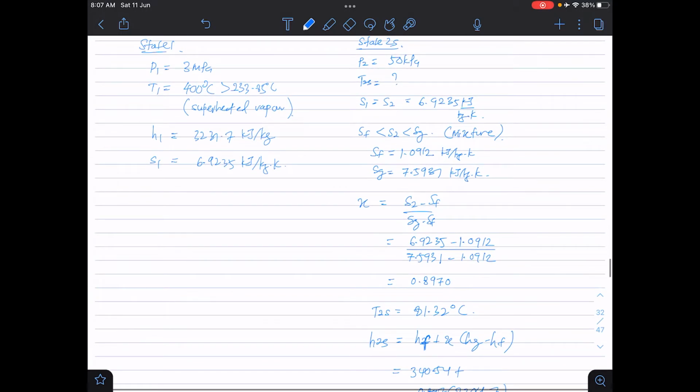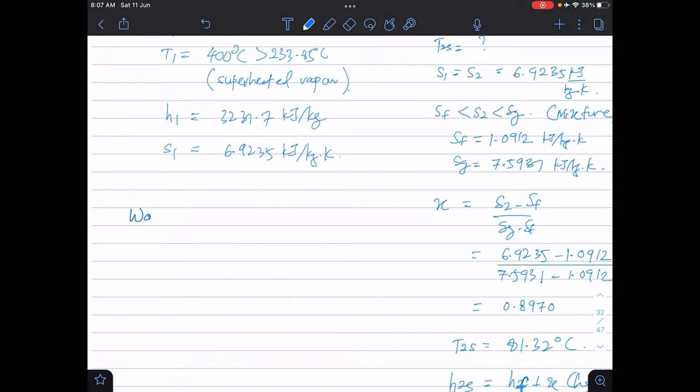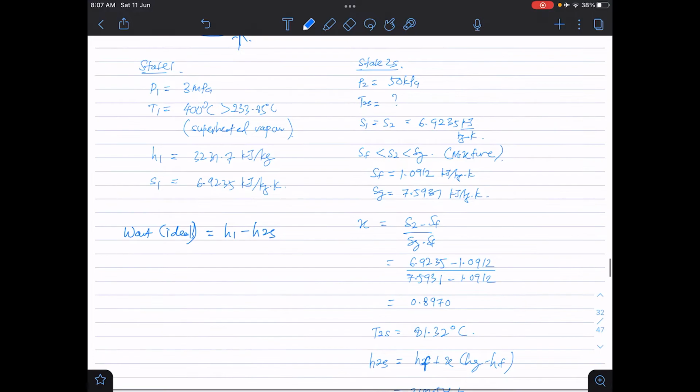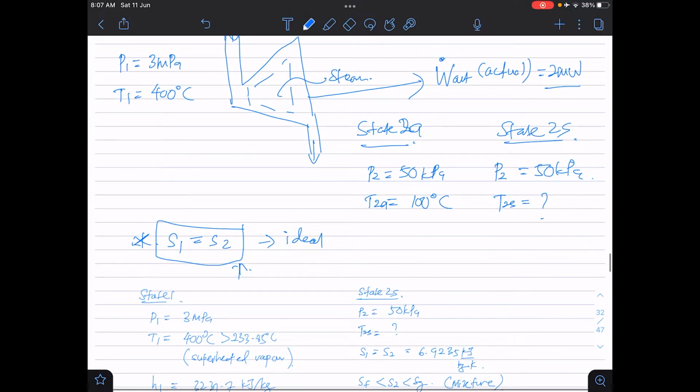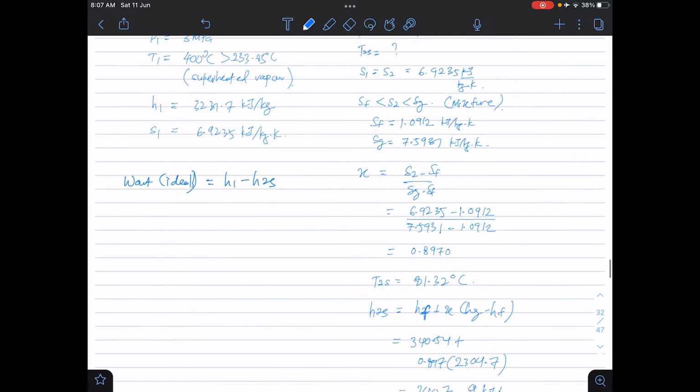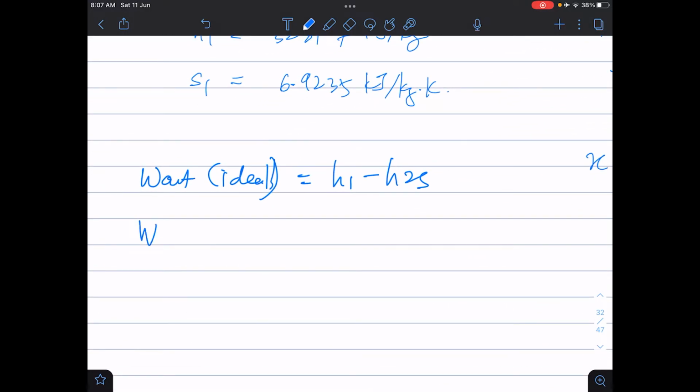Since we want to compare with the actual work output, whose unit is megawatt, we need to use W dot, which is m dot times H1 minus H2s.